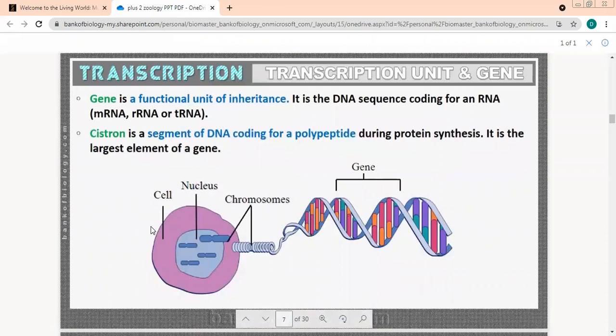What is a gene? It's a functional unit of inheritance. We know it is the DNA sequence coding for an RNA. It could be mRNA. What is the full form of mRNA? Messenger RNA. What is rRNA?